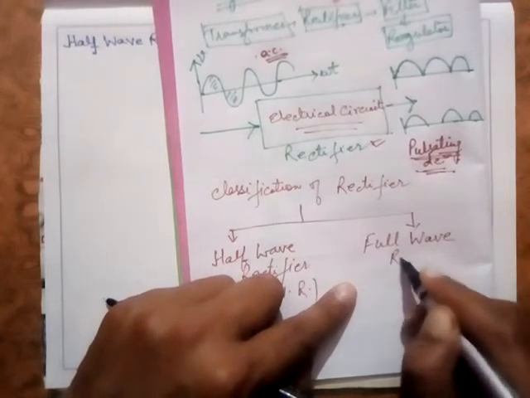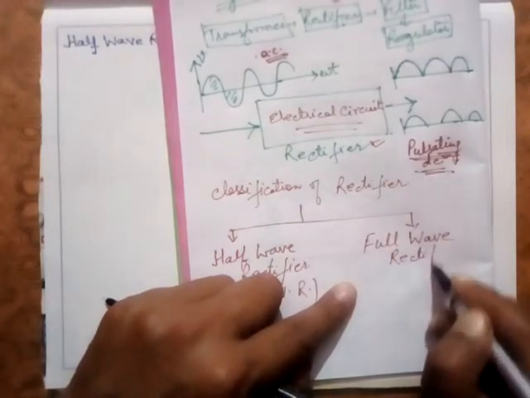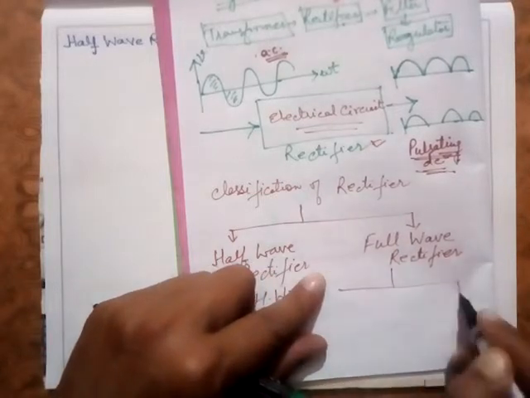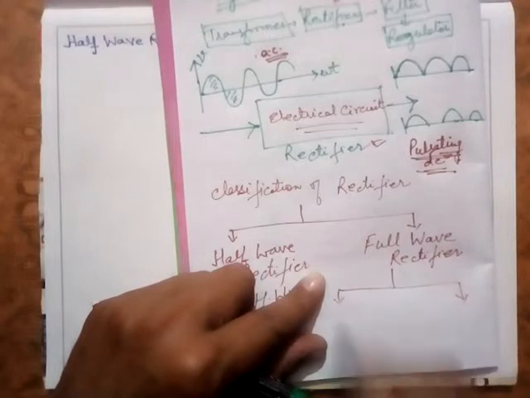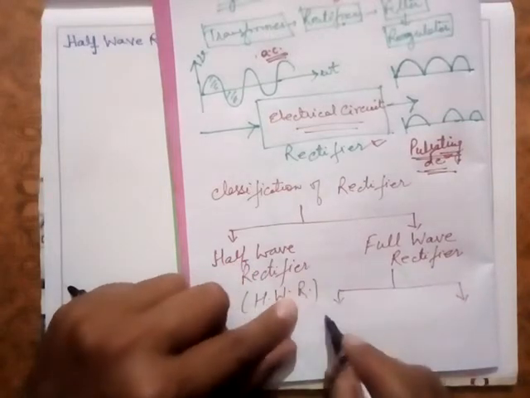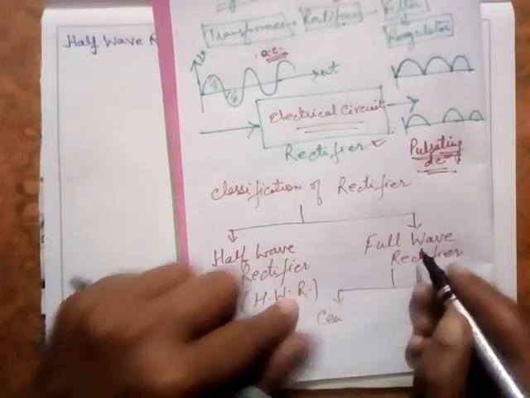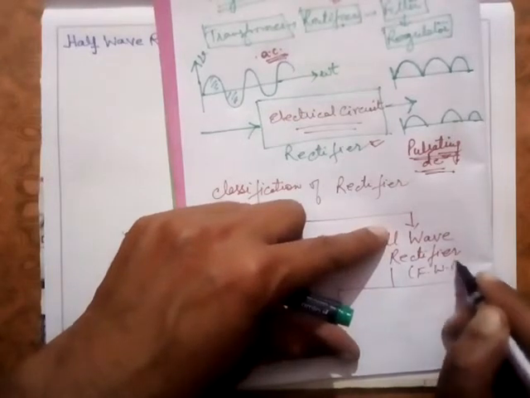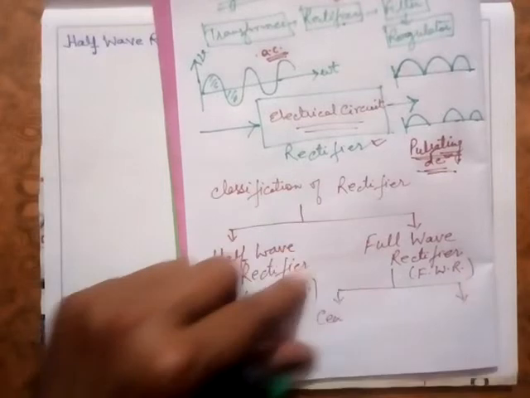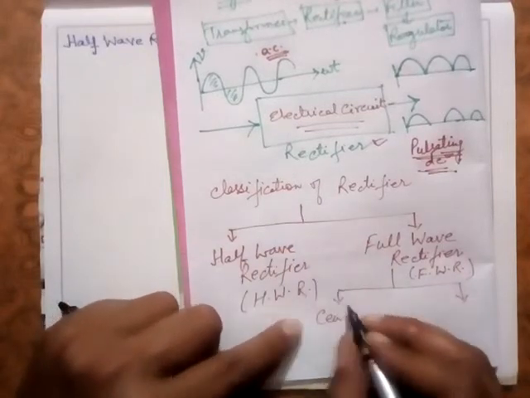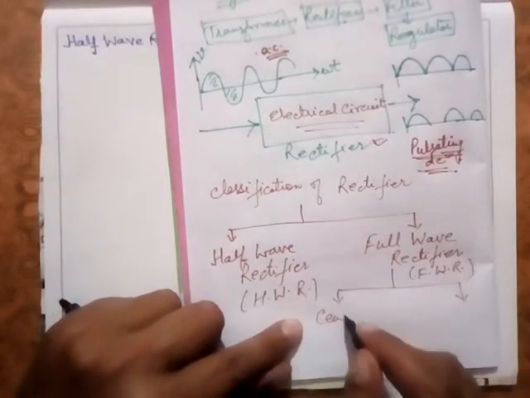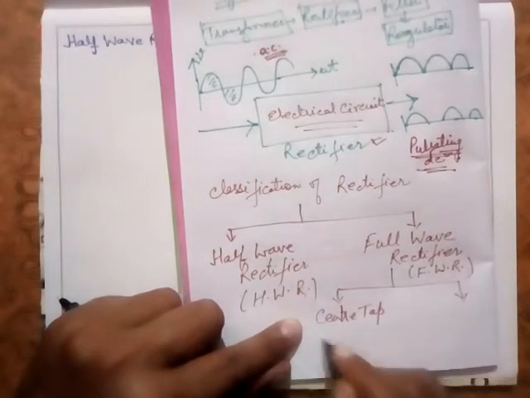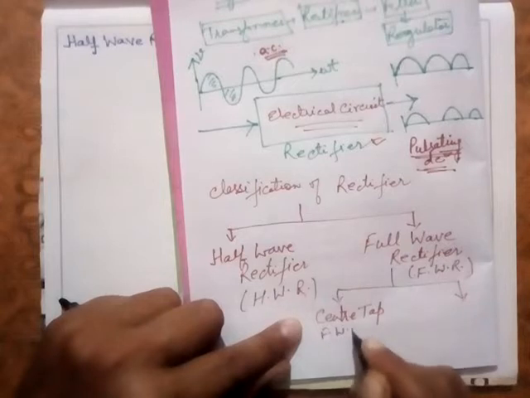Further, this full wave rectifier, which I'll abbreviate as FWR, is again divided into two parts. One is called center tap, a center tap full wave rectifier.